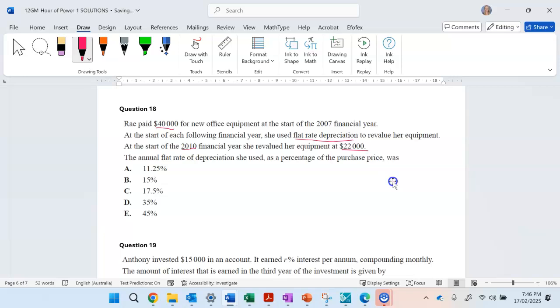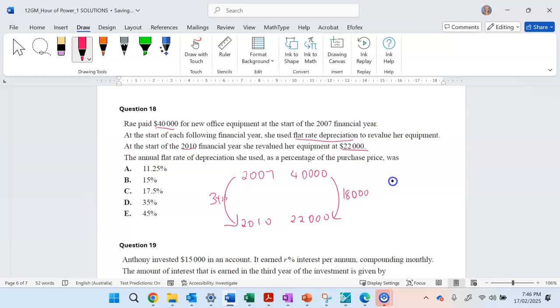All right, so in 2007, it was $40,000. And in 2010, it dropped down to $22,000. So in 3 years, 2010 minus 2007, it's dropped $18,000.